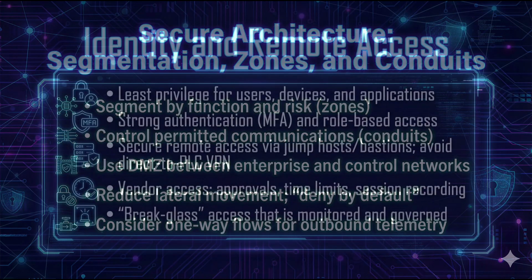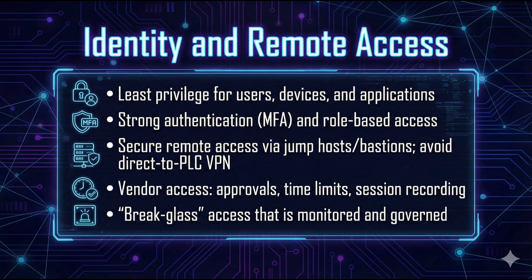Next, let's talk identity and access, especially remote access, because it's both essential and risky in OT. Best practice number one is least privilege. Every account, role, and credential should be limited to what that job function needs for the minimum time needed. In OT, we also care about who, what, where, and when: who is connecting, what device they're using, where they're coming from, and when they're allowed.